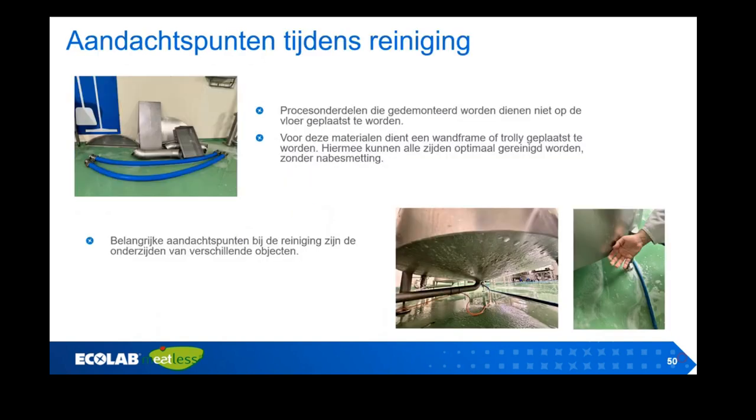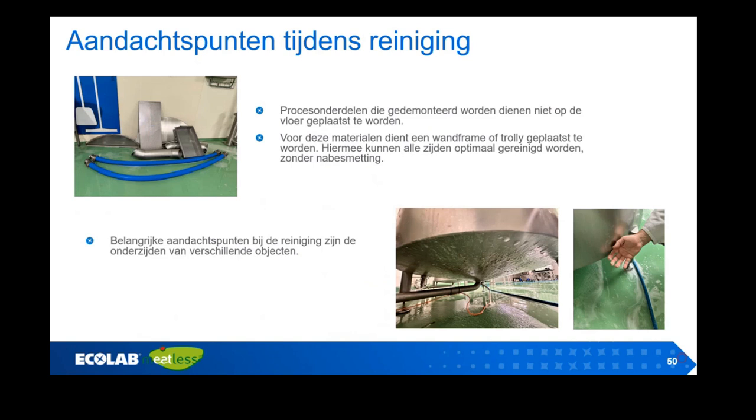My colleague Bart van Hoof did an audit a couple of weeks ago, and he had some points to check. In the first picture we see the objects are cleaned, and he noticed that everything was lying on the floor after it was already cleaned.